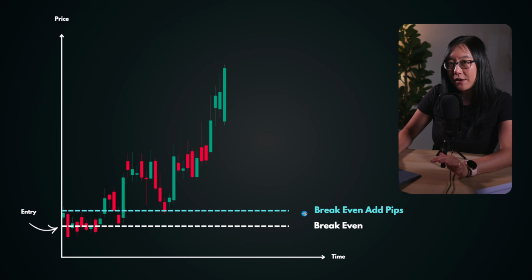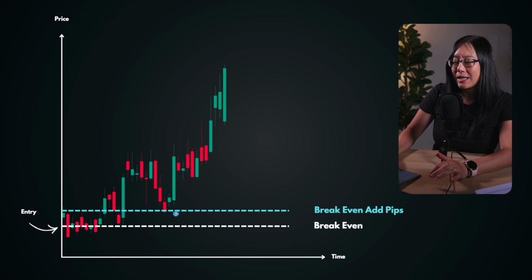So slightly above where the price entered originally, price goes up, and if it goes back and retraces and hits your break-even add pips point, this means instead of just coming out at 0 profit, you're potentially coming out with a few dollars in profit.